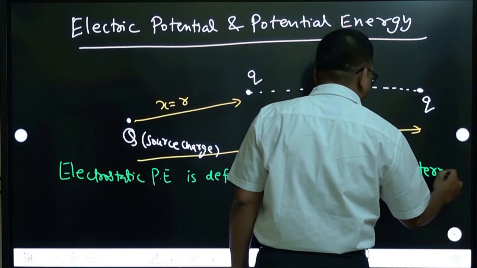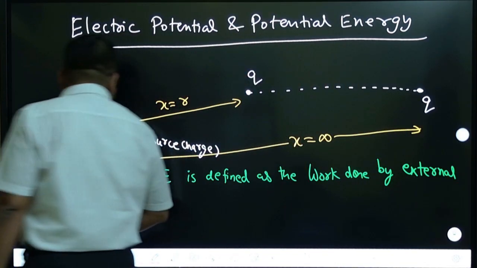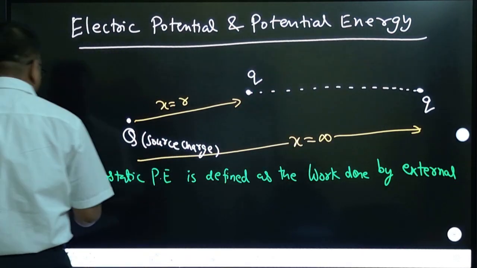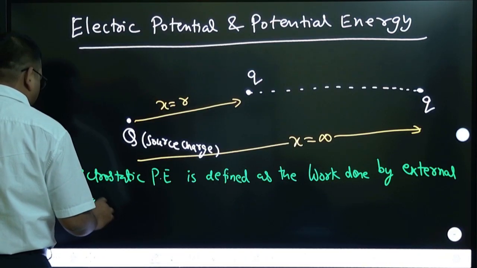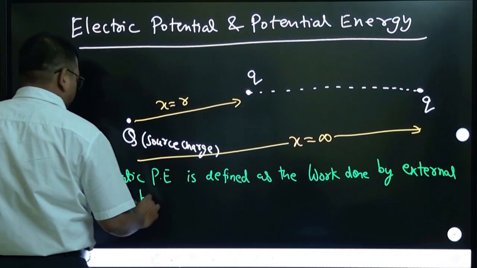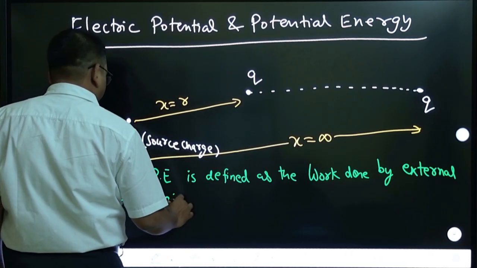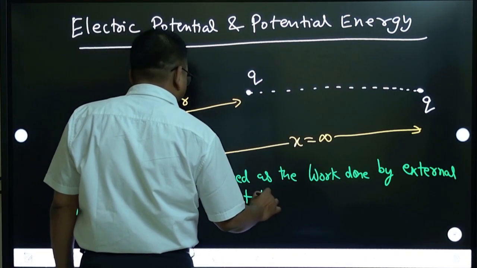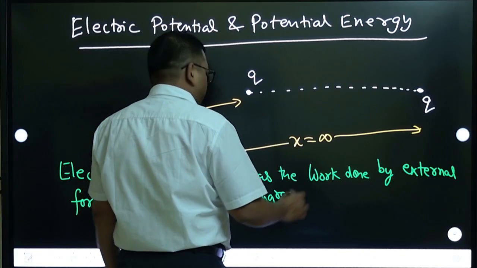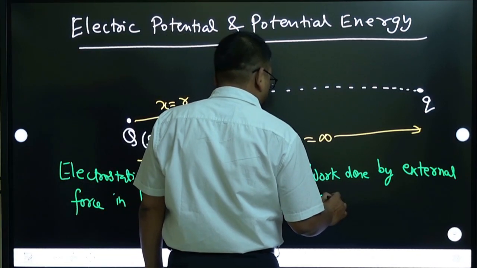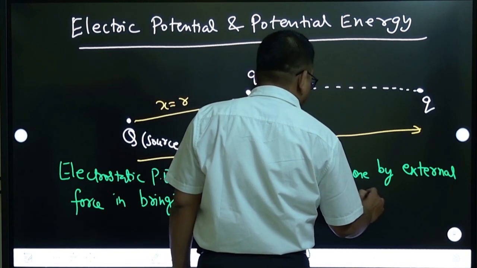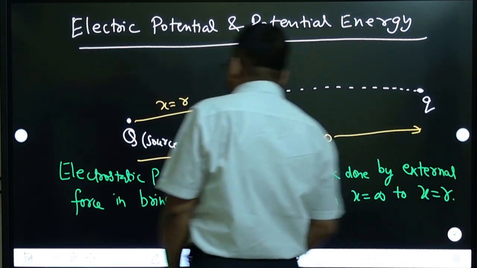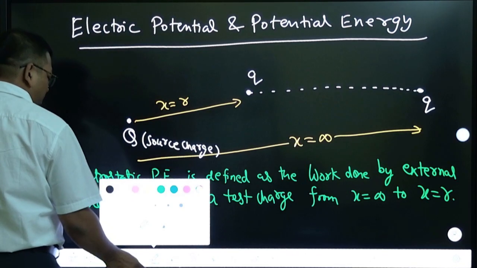This you note, very important. Always when work is done, there is some force which is doing work. So work done by external force in bringing a test charge from x is equal to infinity to x is equal to r. This is called electrostatic potential energy.